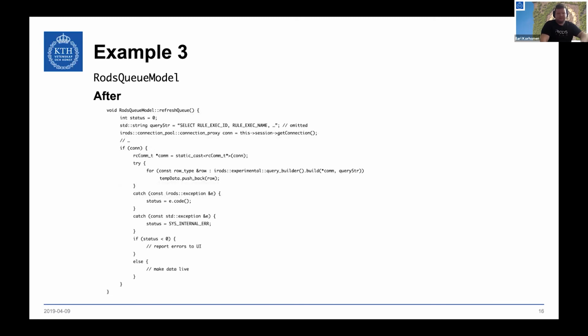And this is done using the modern versions of the query interface. So this all replaces my old replacement for the iRODS query interface. And this is all exception handling, error handling, everything. You can see that here we build a query, peel off a connection, call query builder to build a query and execute, catch the exceptions and dump the data if it's good.